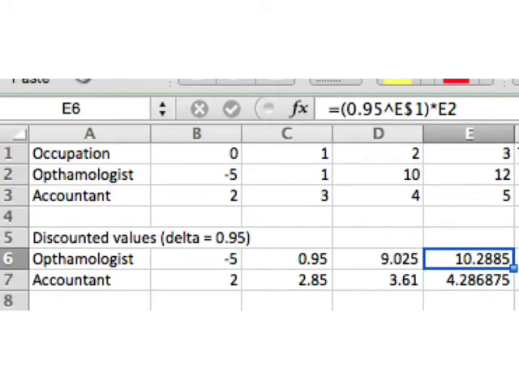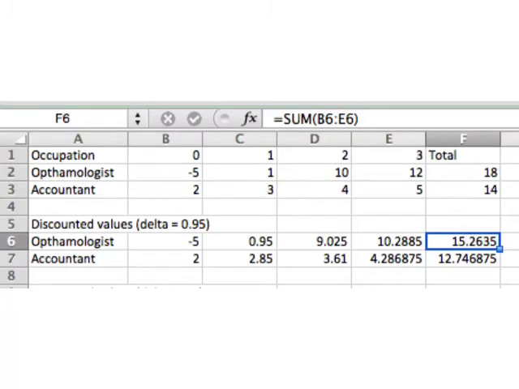So that's what I've done to convert each period's units into comparable units, and then I can just simply sum them up.